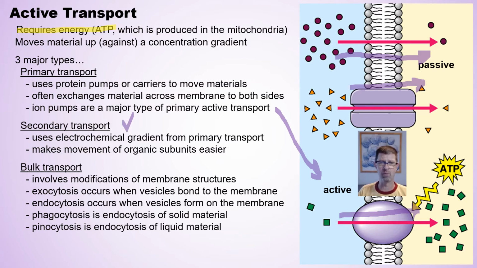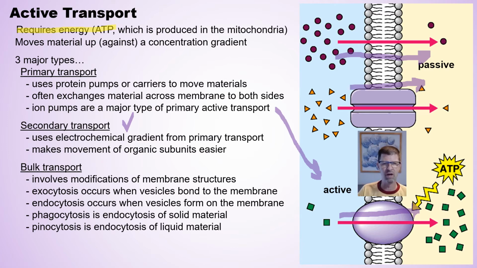Secondary active transport is when we move one thing from one side of the membrane to the other and we build up a supply of it. Sometimes we use that supply, which will flow back if we let it, in order to push something else along with it. That's why we call it secondary. We have to transport something to build it up on one side so that it takes other things with it when it flows back.